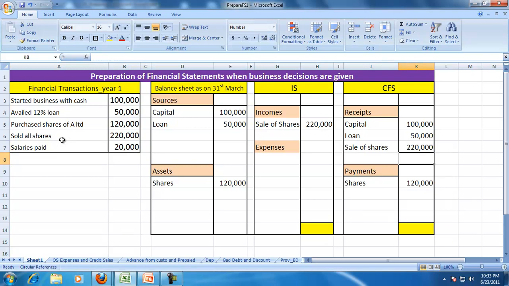Maybe for clarity, let me write down here for cash. Okay, and whenever there is a sale, there has to be the cost corresponding to that because of matching principle. So the corresponding cost is 120. As a result, on the balance sheet, you will not have anymore the shares. The shares will become zero.